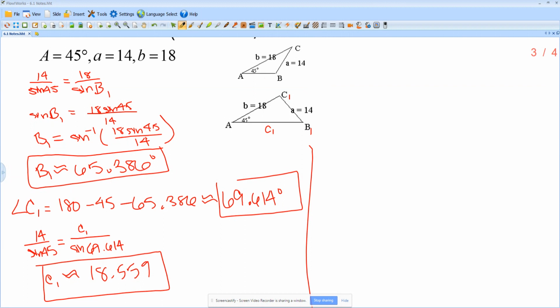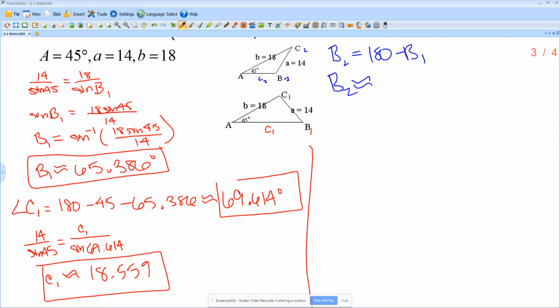Okay, so cool. I did this problem, but there's actually a whole other set of solutions. If I'm going to solve for b sub 2, c sub 2, and little c sub 2, I need to solve for angle b sub 2 first. And I do that by doing b sub 2 equals 180 minus b sub 1.